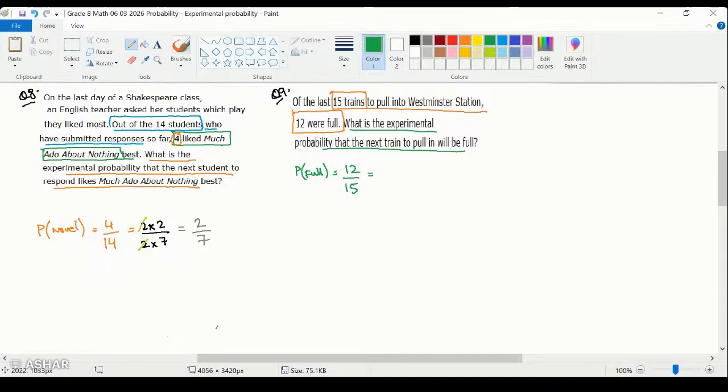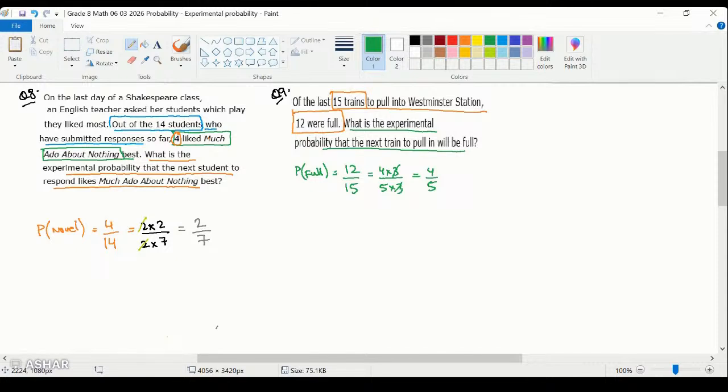And we can simplify this. 4 times 3 and 5 times 3 comes out to be 4 upon 5. That means the train that pulls in next has a probability of 4 upon 5 that it will be full, right?